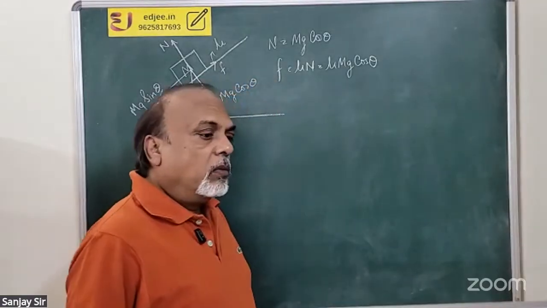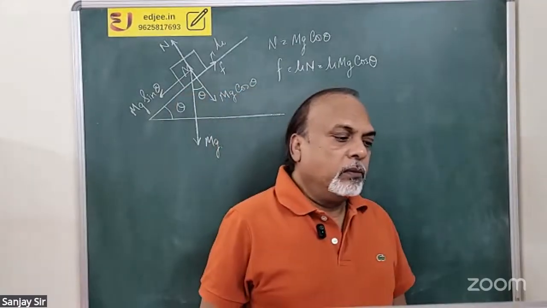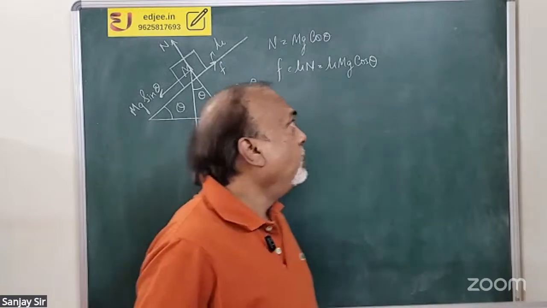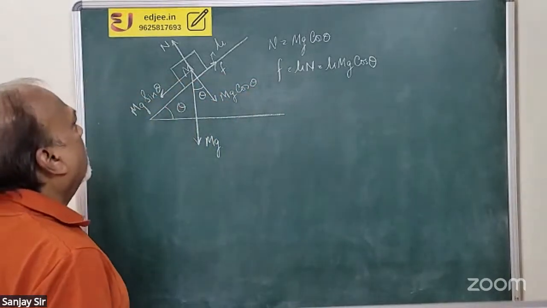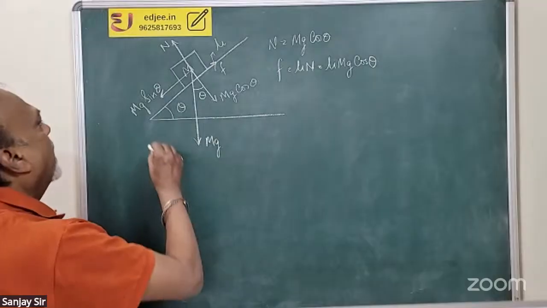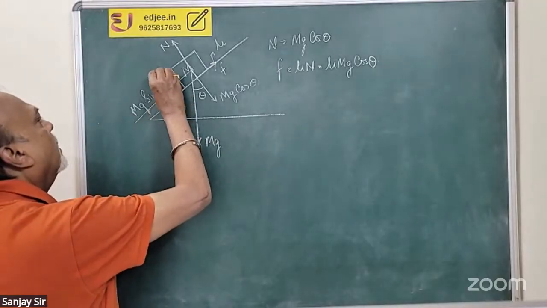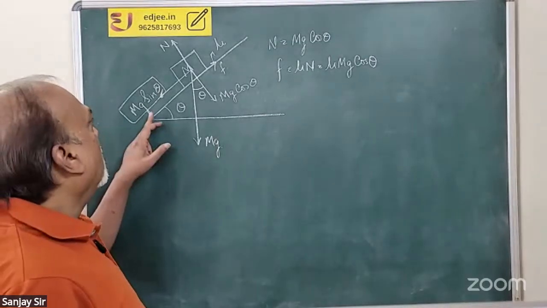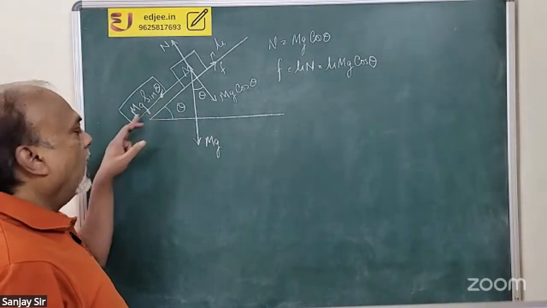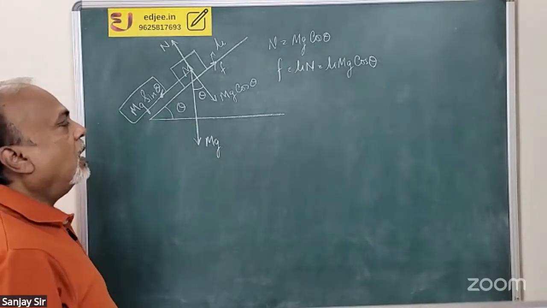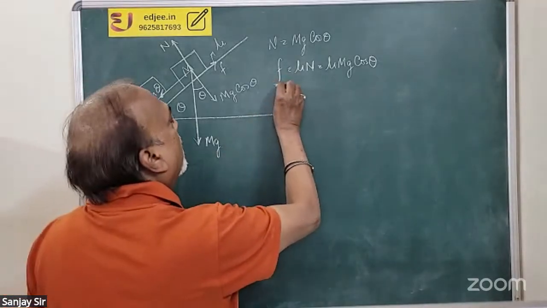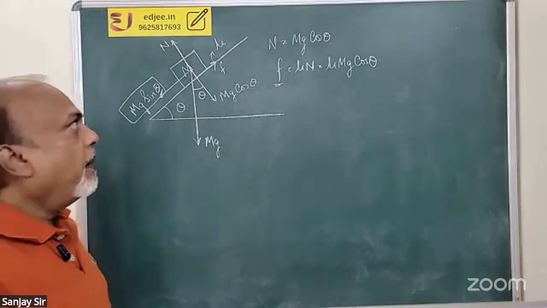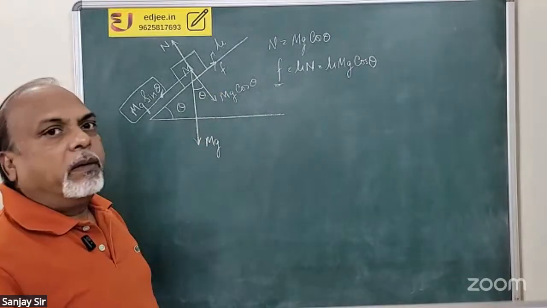Now, what to do? Here you see this mg sin theta, this force will try to slide the block along the plane downwards, and F will prevent the block from sliding.